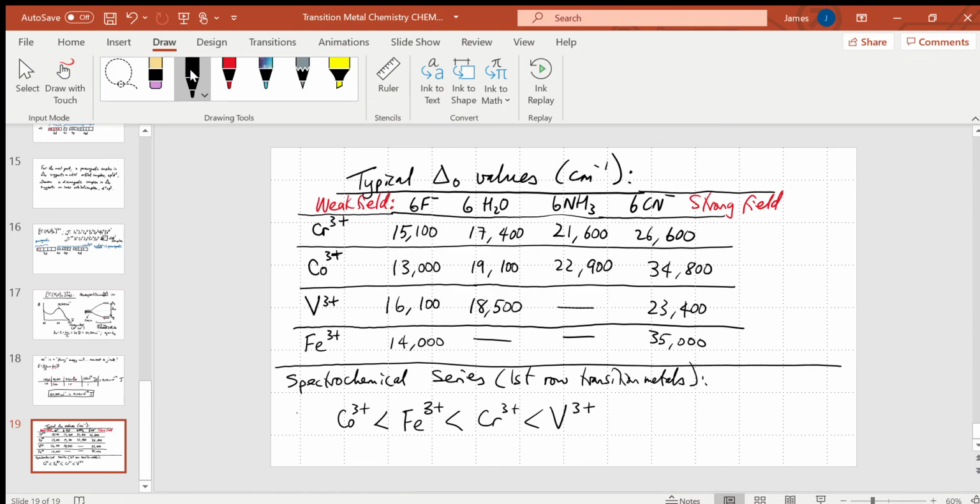In terms of metals, and we can also see that F minus is less than H2O, is less than NH3, is less than CN minus.